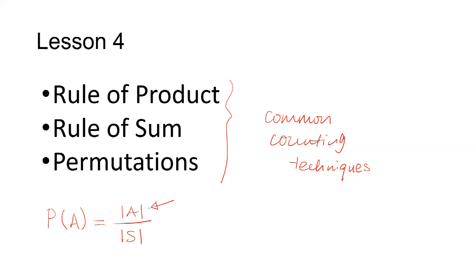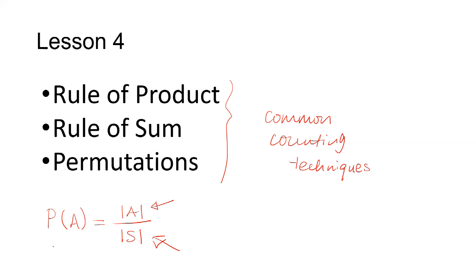So in order to find the number of sample points in this event and the number of sample points in the sample space, we can use some common counting techniques, right? So the reason we need to learn these is to calculate the probability, okay? I'll show you how to do this later in our lessons, okay?